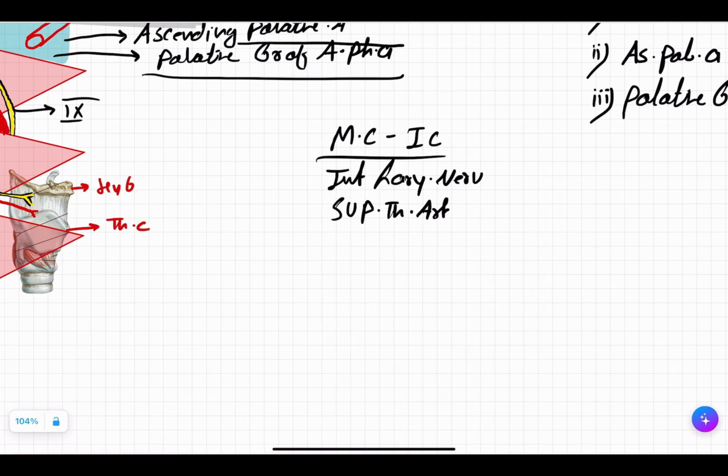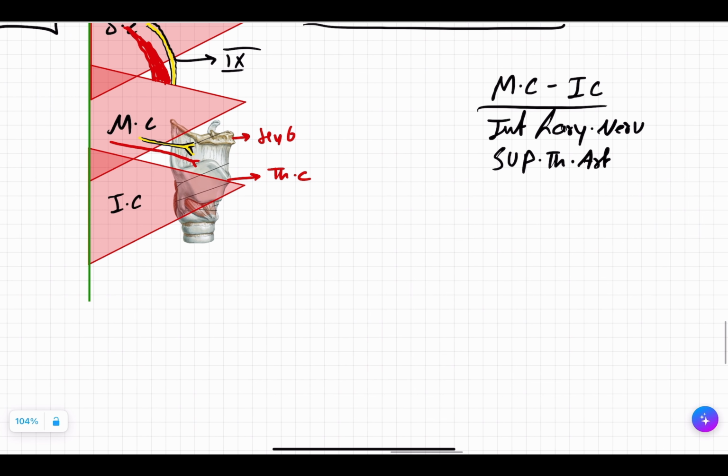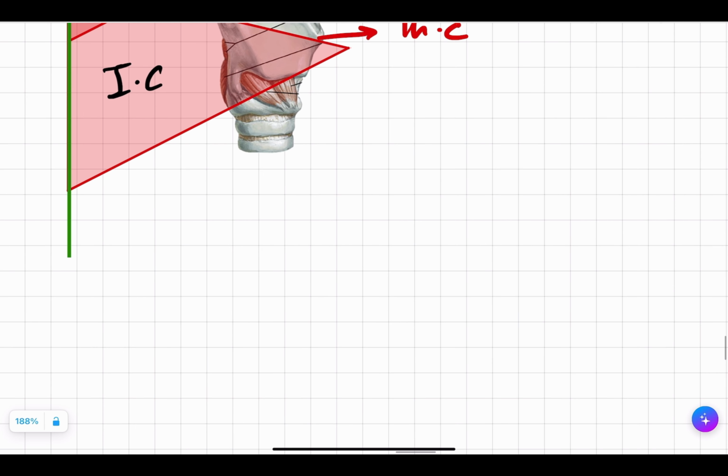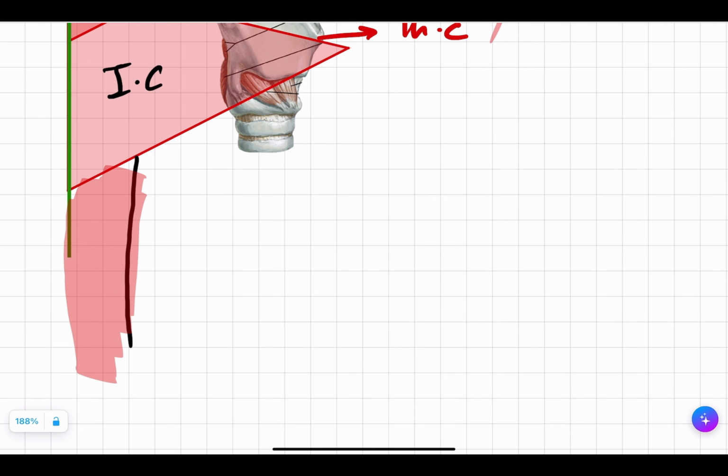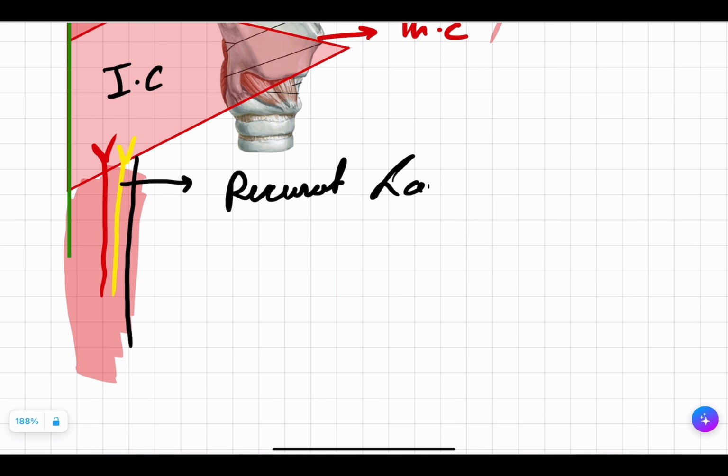Between them. Now, I told you when the pharynx ends, esophagus begins. So, what is between esophagus and your inferior constrictor? So, here one nerve goes inside, one artery also goes inside. The name of the nerve which is going inside is recurrent laryngeal nerve.